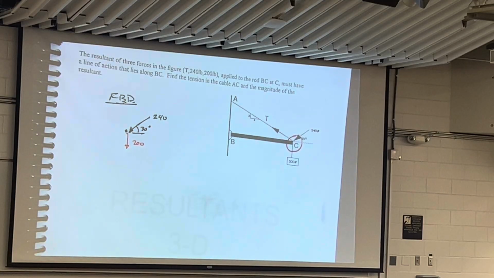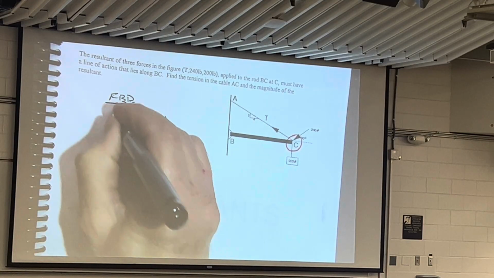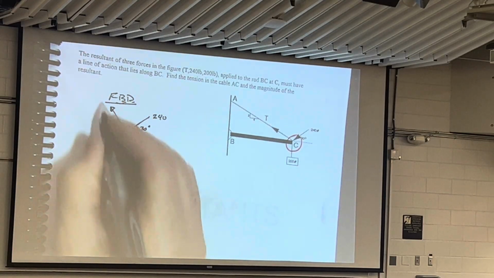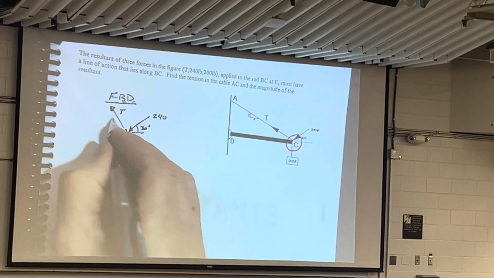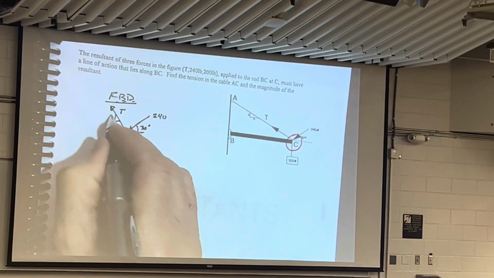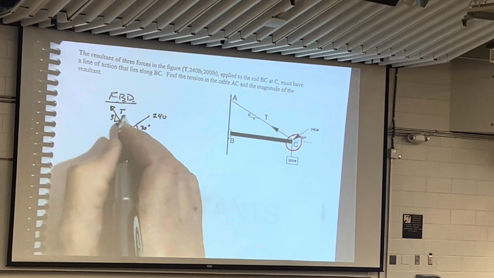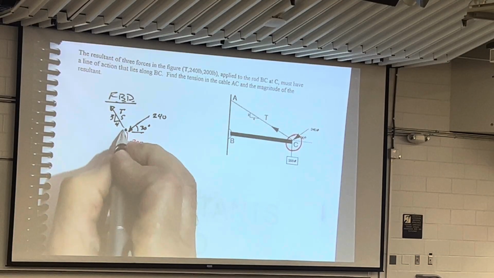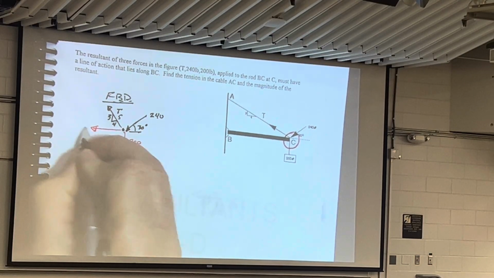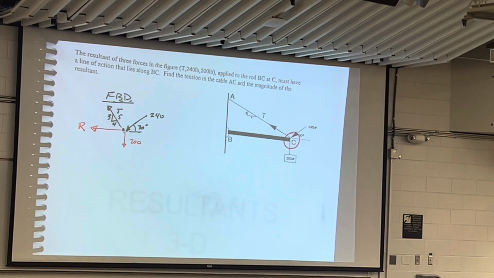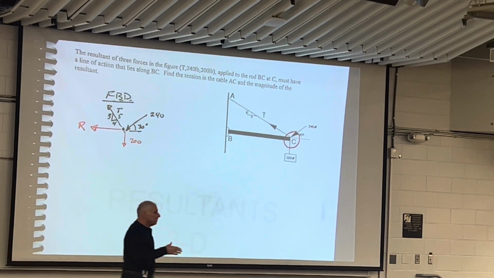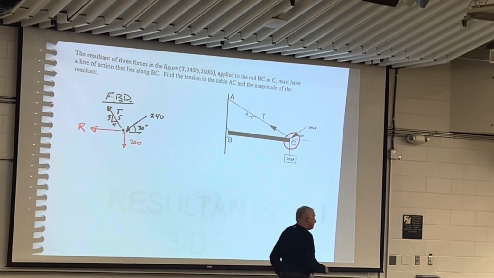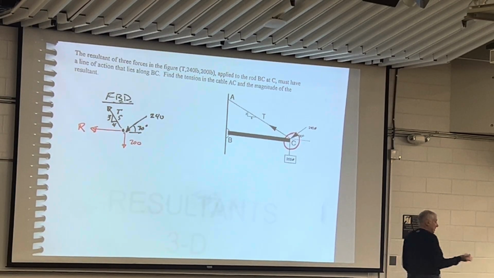I do have a force this way, which is the tension force. It is at, again, a 3, 4, 5. And guess what? I have to have a resultant that is in that direction. It's got to be in the member BC. That's my free body diagram.